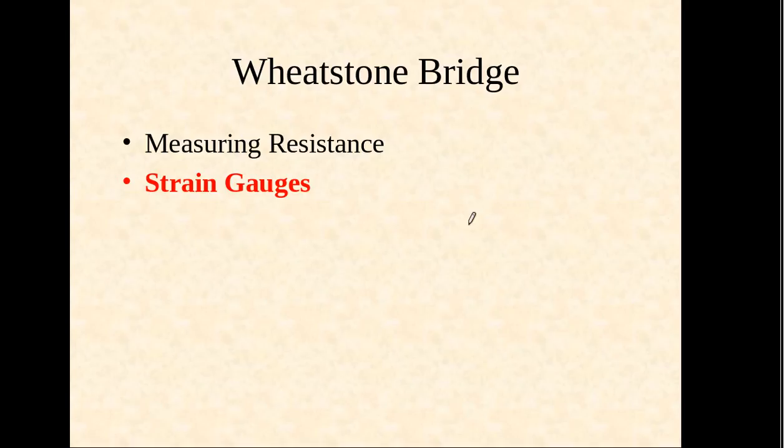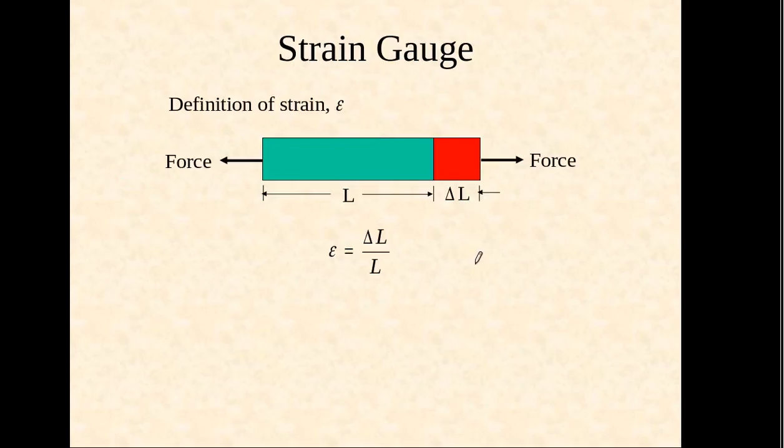Now, how we can get the unknown resistance using three known resistances, by applying a strain gauge. The definition of a strain gauge: when we apply a force, the length of the strain gauge will increase.